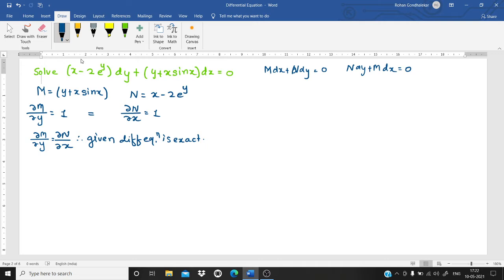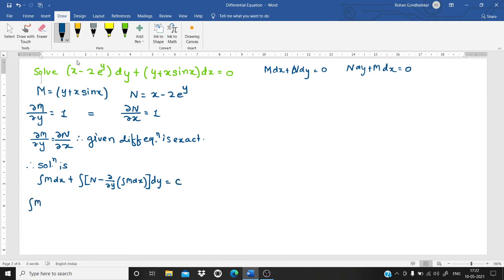Okay. Now, what is next? We go for the solution. Therefore, the solution is integral M dx plus integral of N minus partial derivative with respect to y of integral M dx, and then integration is with respect to y, is equal to c.